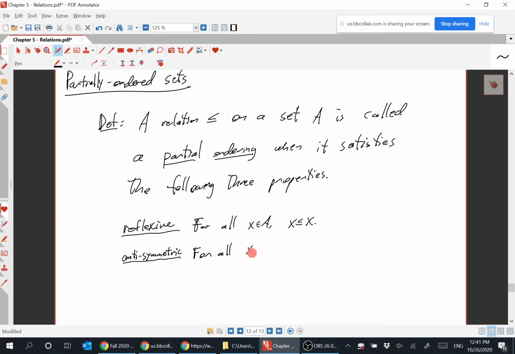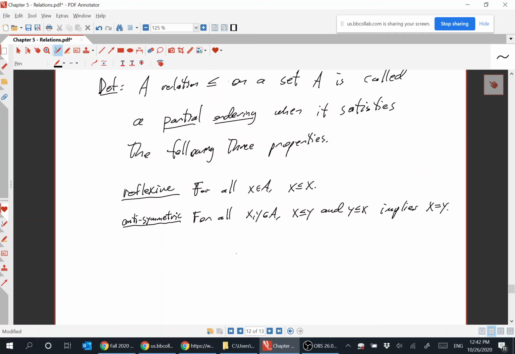For all x and y in A, if x less than or equal to y and y less than or equal to x, then x and y are equal. In other words, it's never symmetric, unless the two things are equal, in which case, of course, you have a symmetry because x is less than or equal to x. But that's not really symmetry.